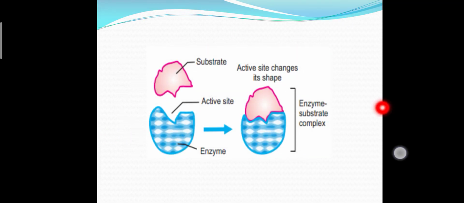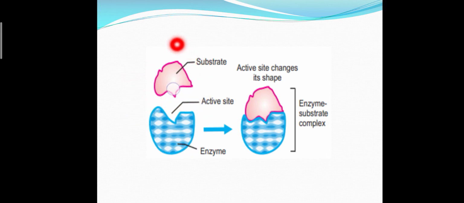According to the induced-fit model, the active site is not rigid, so it will take the shape of the substrate. It changes its shape according to the shape of the substrate.